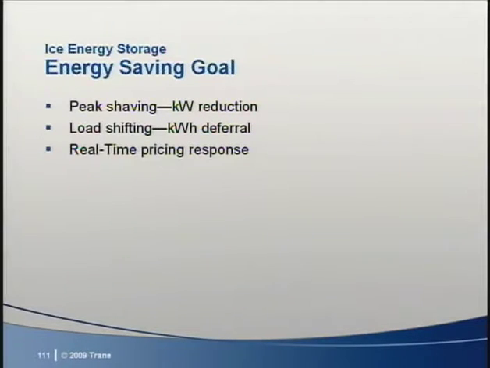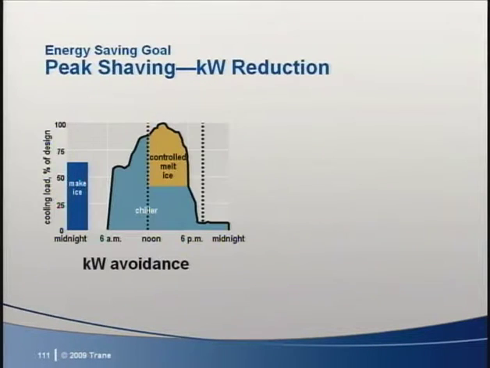Is it to peak shave the electrical kW demand cost, or is it to load shift the maximum daily kWh consumption? Let's look at each of these energy goals from a control implication point of view. If the goal is to peak shave, then it's critical to be able to control the rate of ice melt so that we do not run out of ice during the on-peak period.